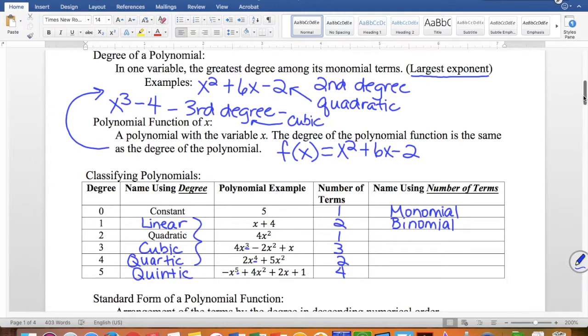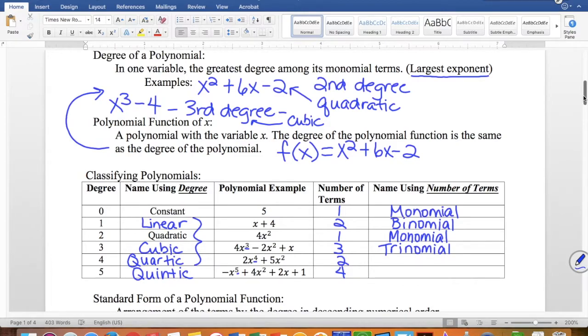The one with 3 terms would be called a trinomial. We haven't gotten there. We're back to the 1 term. The one with 1 term, again, is a monomial. The one with 3 terms, yes, this one is a trinomial.